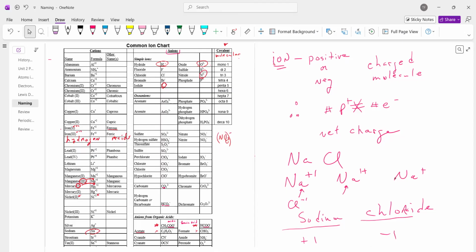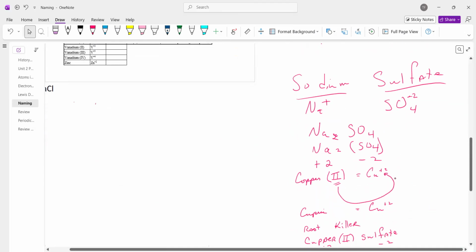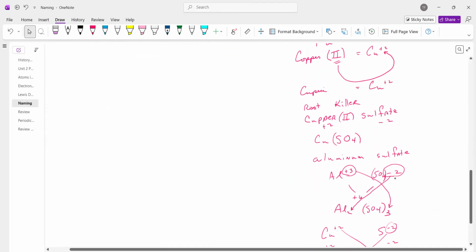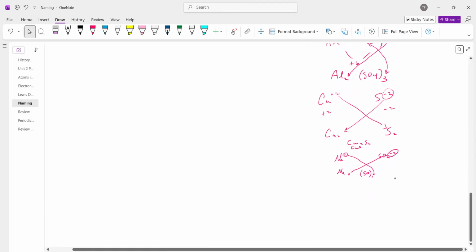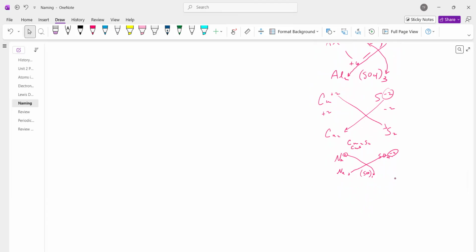Well, one thing I was wondering, if you scroll down a little bit to cupric sulfide, you did the cross method, right? At the very bottom there, the copper has a charge of +2 and sulfide has a charge of -2. So I would think that the charges would just cancel each other out and you only want one of each.